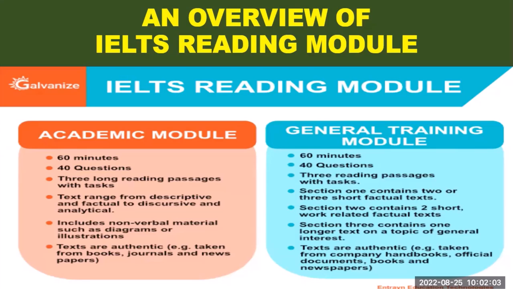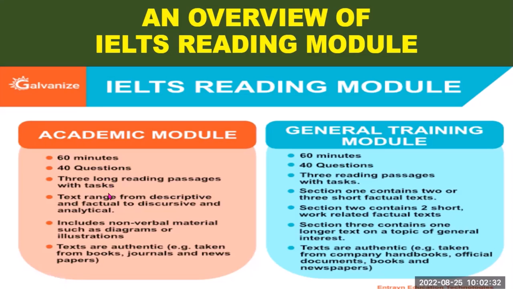For example, the IELTS academic module will last for 60 minutes, and the IELTS general training module will also last for 60 minutes. That's the reading section of each test. And then you have 40 questions on each side, and you have 3 passages on each side.